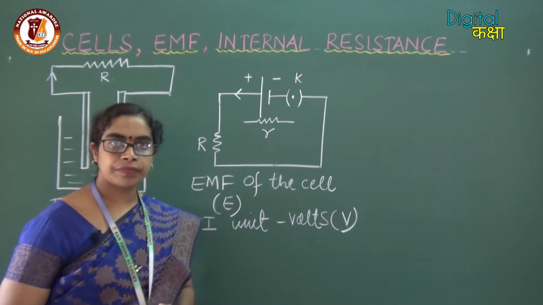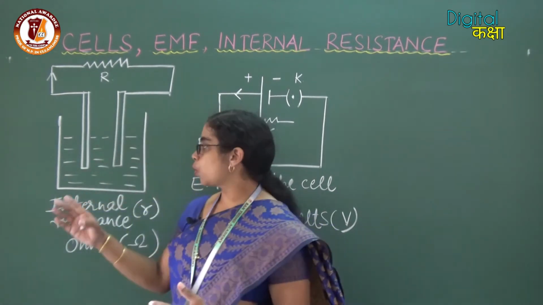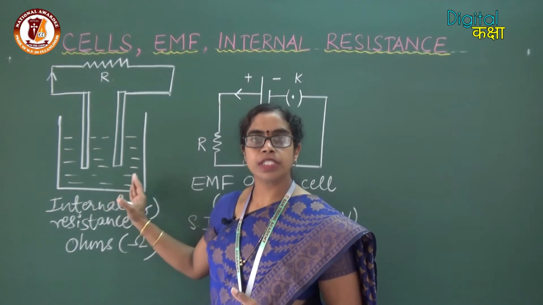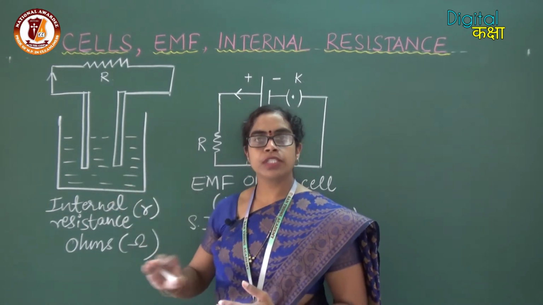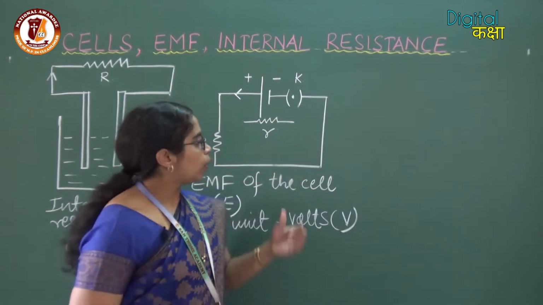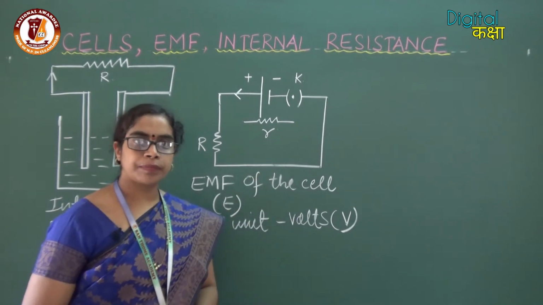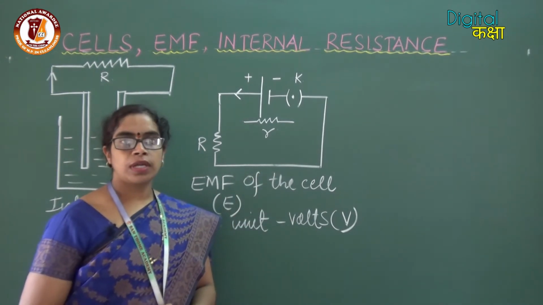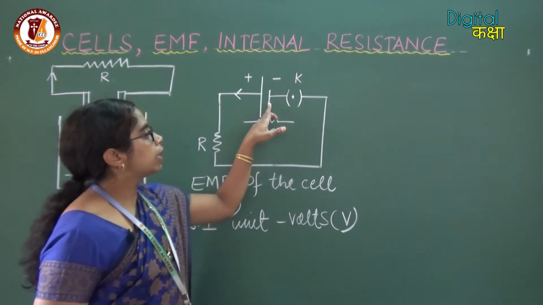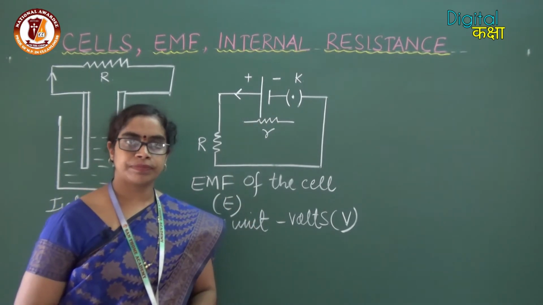Inside the cell, as shown in this diagram, the electrolyte is present, and the current flows through that electrolyte also. So, according to the standard direction of current flow, inside the cell the current flows from the negative to the positive terminal of the cell.